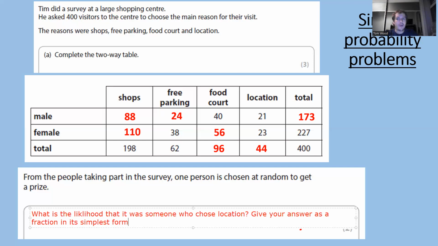We're still talking about everyone here, so it is from the people taking part in the survey. One person will get picked. What is the likelihood that it was someone who chose location? Give your answer as a fraction in its simplest form. And I need to actually simplify that down myself as well.